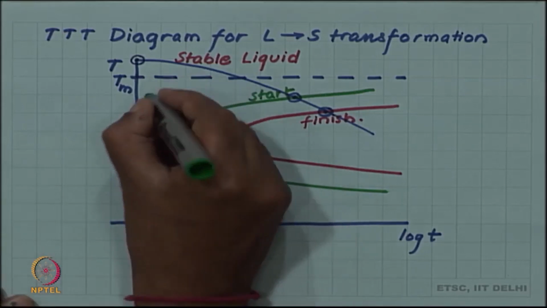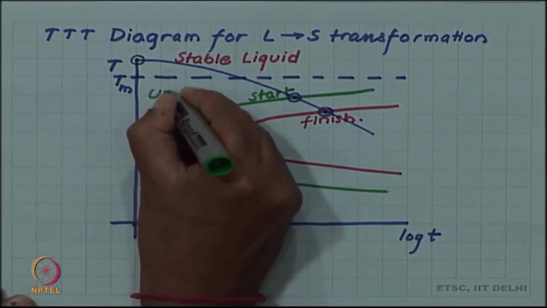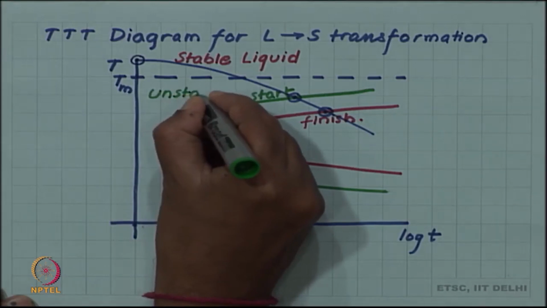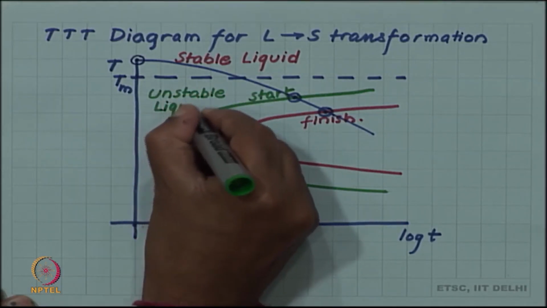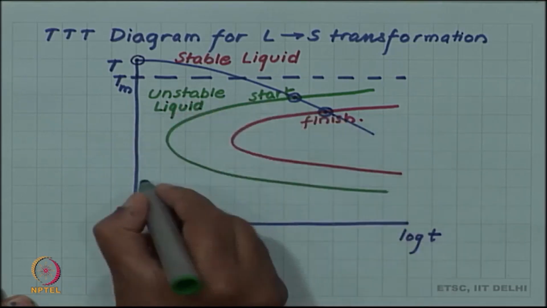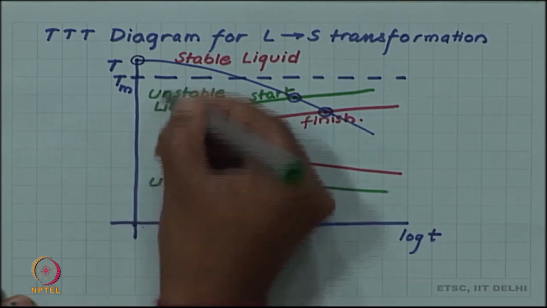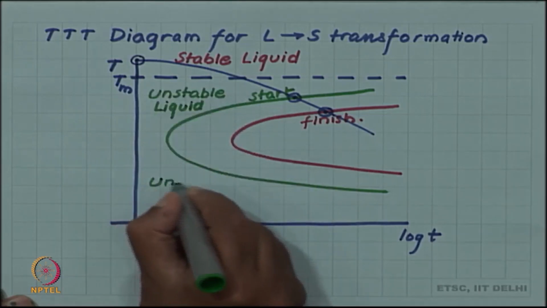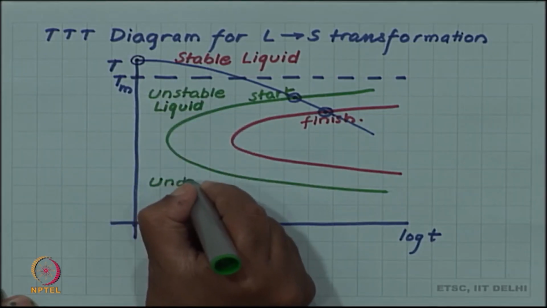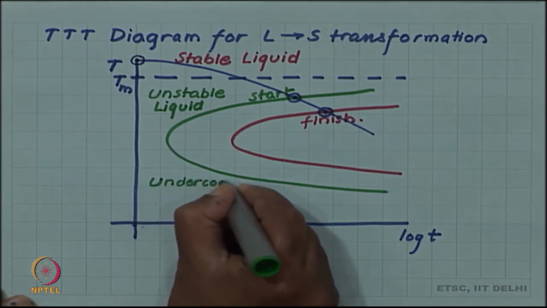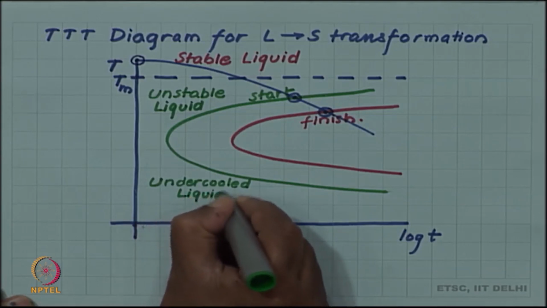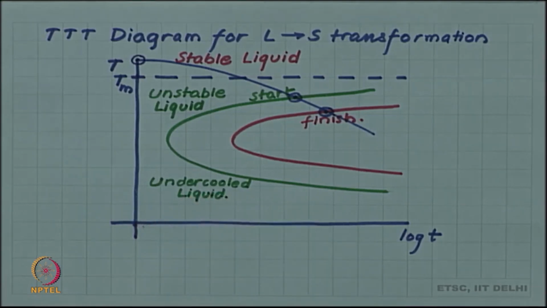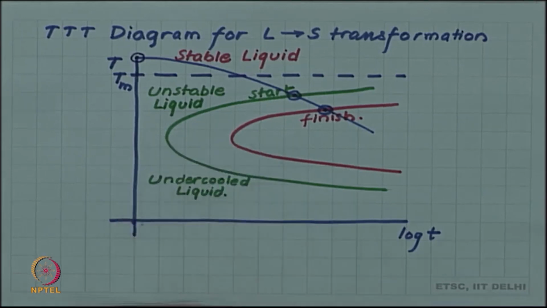So, below this here you have unstable liquid, or also called undercooled liquid, because this is a liquid below the melting point. Then beyond the green line the transformation has started.